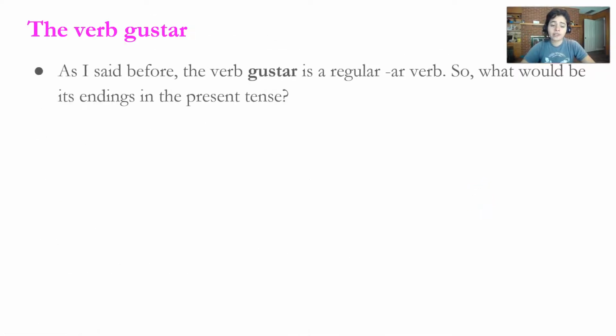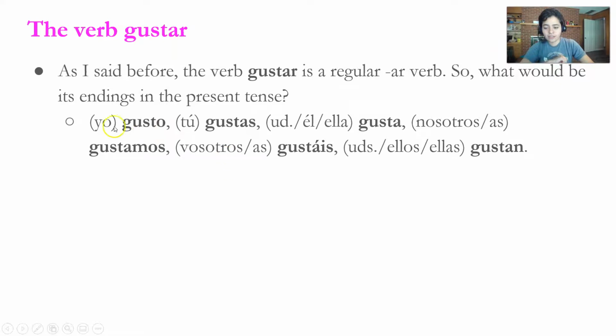Okay, the verb gustar. As I said before, the verb gustar is an AR regular verb. So what would be the endings in the present tense of this verb if it's regular? It's yo gusto, tú gustas, usted, él, ella gusta, nosotros, nosotras gustamos, vosotros gustáis, ustedes, ellos, ellas gustan.